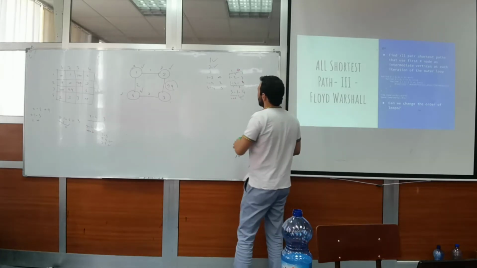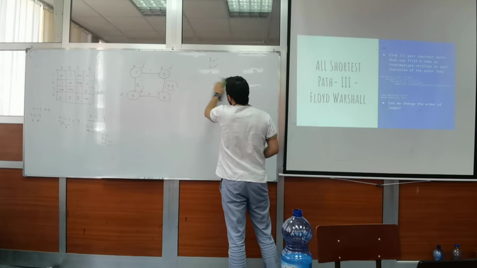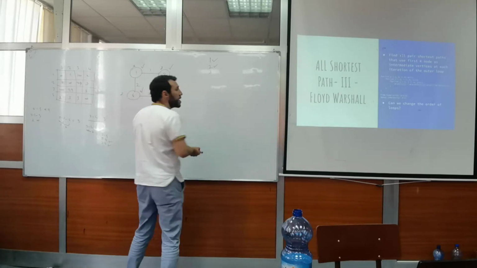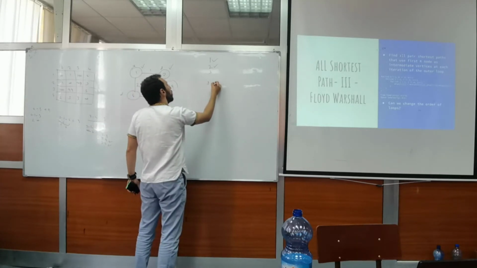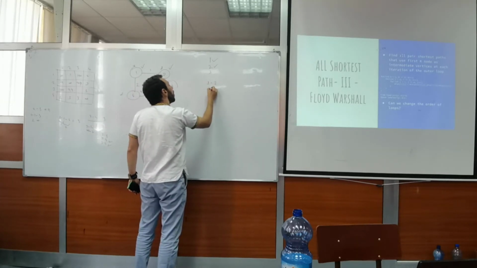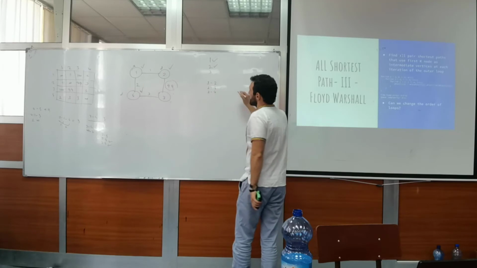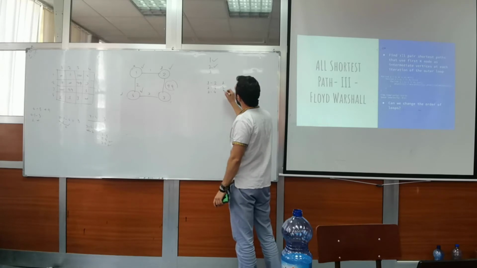Thank you. So now we are done with using 2 as an intermediate node, and we are going to use 3 as an intermediate node. So which other pairs do I have? 1 2, 1 4, 2 4. What is the current known best for 1 2? 1. For 1 4? 2. For 2 4? 3.